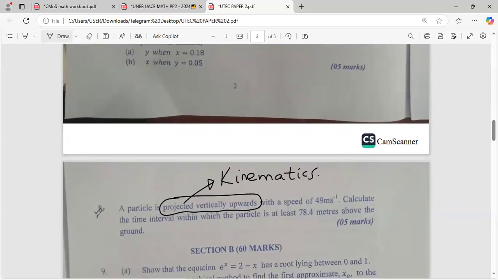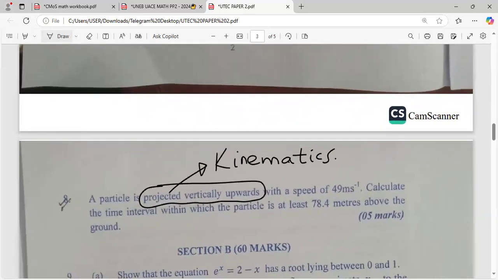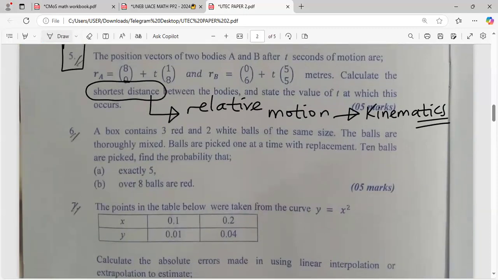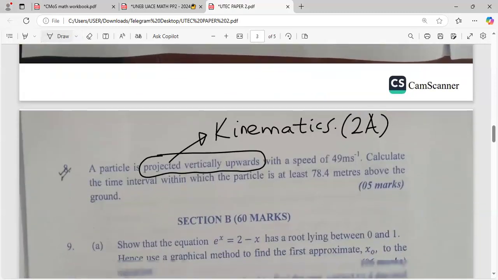You know very well that statics means we don't have motion, and all these questions actually involve motion. So for this case, it is kinematics time to shine. Projected vertically upwards is the second question for kinematics in section A, and the shortest distance in relative motion is the first, under kinematics.